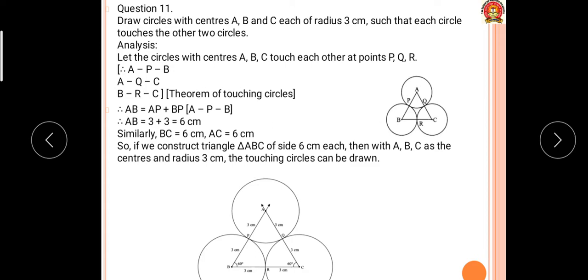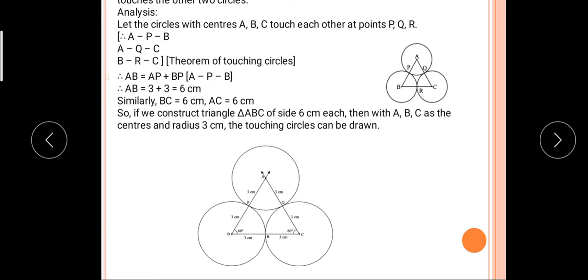Similarly, BC is also 6 cm and AC is also 6 cm. So if we construct the triangle ABC with each side 6 cm, then with A, B, C as the centers and radius 3 cm, the touching circles can be drawn.